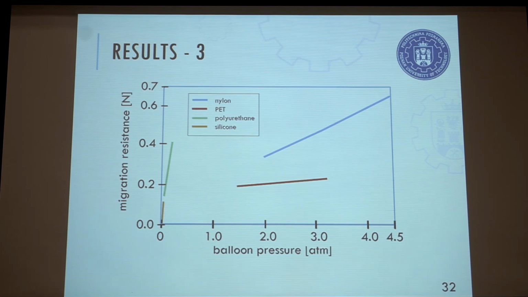This migration resistance is a magnitude which was computed by integrating the contact pressure over the circumference of the balloon. So this value can show us how much the balloon would resist being moved by elevated blood pressure or other effects.